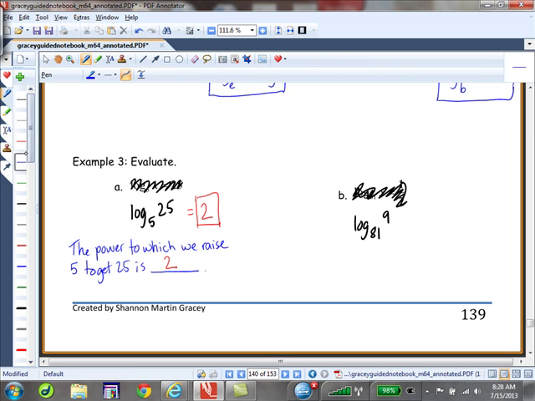And over here, the power to which we raise 81 to get 9 is, good, 1/2. So that's going to equal 1/2, because if you take the square root of 81, you get 9.